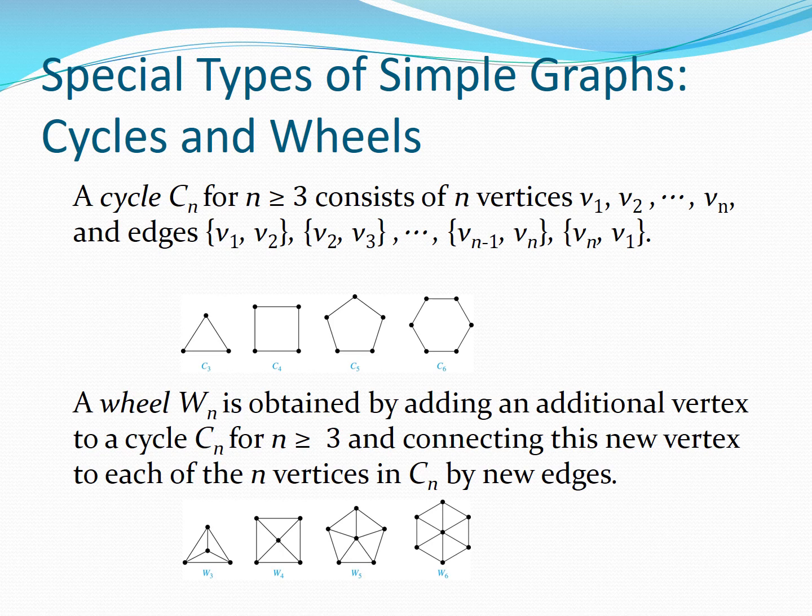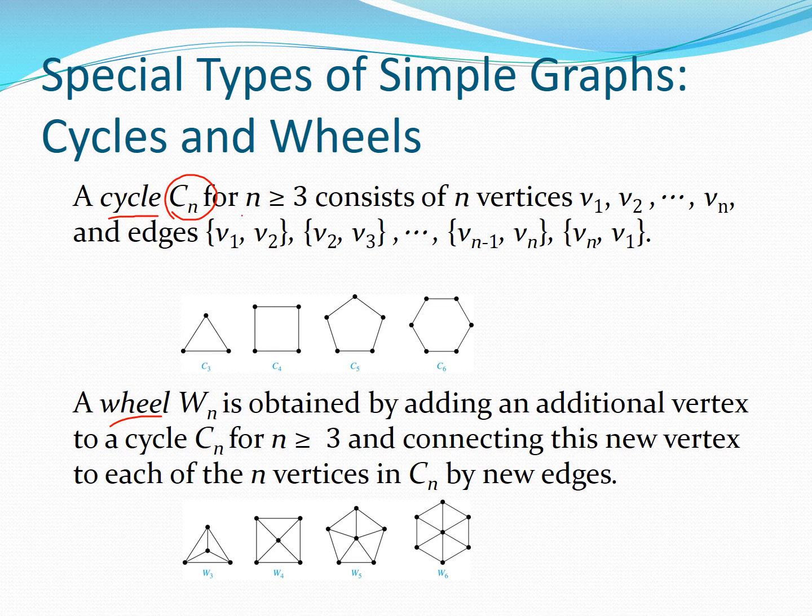All right, so now let's take a look at some other kinds of graphs. The first kind is called a cycle, and the second one is called a wheel. Let's look at a cycle first. The cycle is a graph that is represented with the capital letter C sub n, where n once again represents the total number of vertices in your graph.